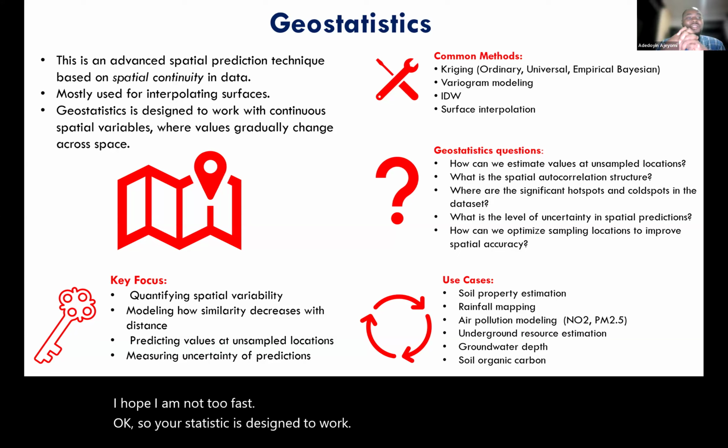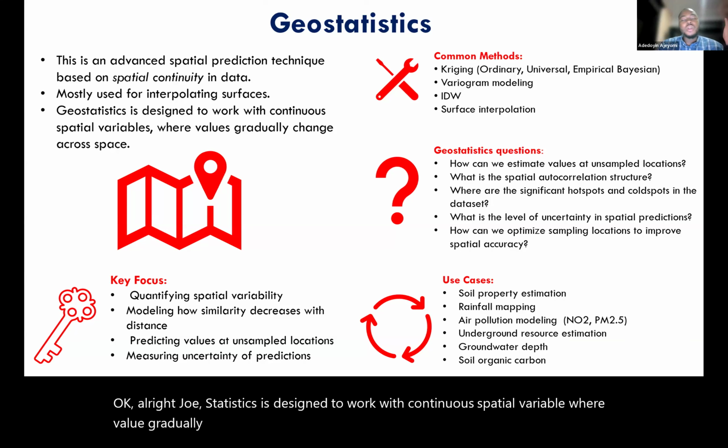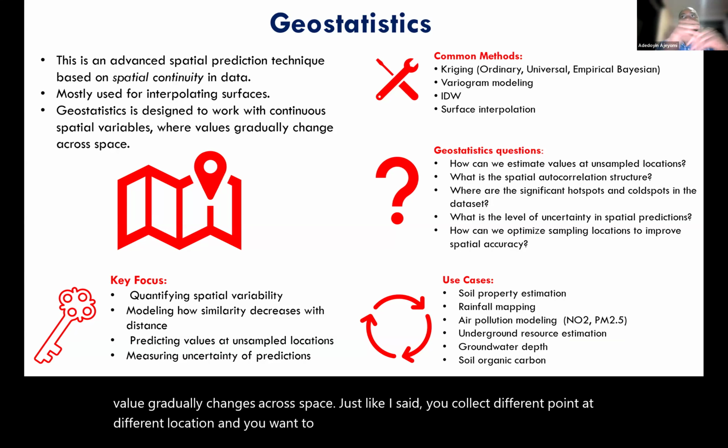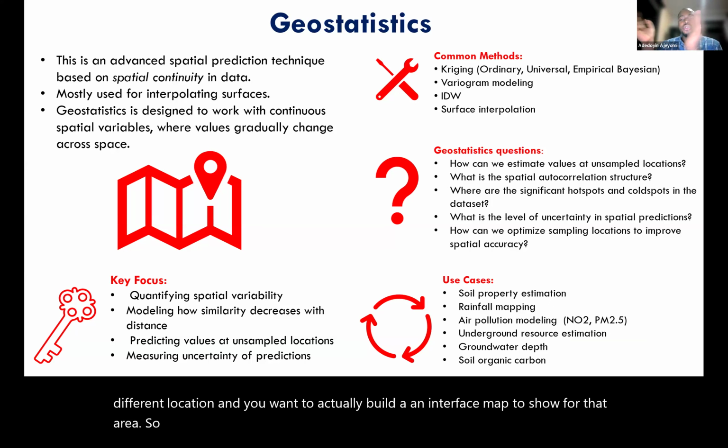Geostatistics is designed to work with continuous spatial variables where values gradually change across space. Just like I said, you collect points at different locations and you want to build an interpolated map for that area, so you need statistics to interpolate for those places.